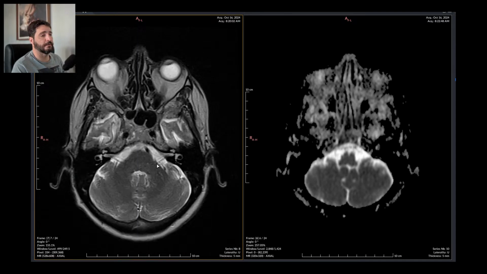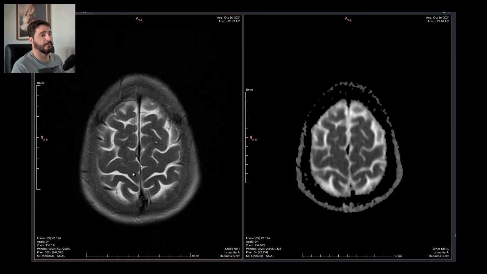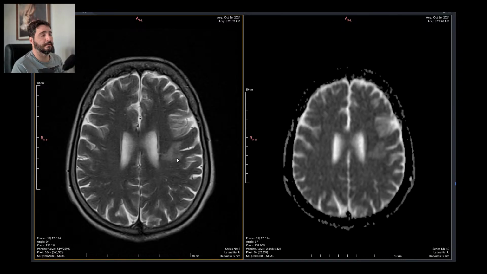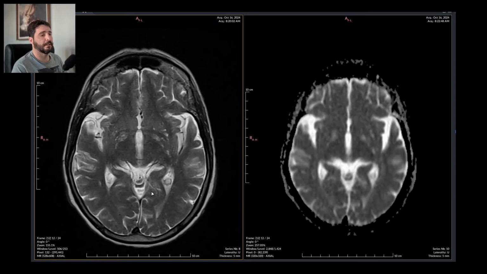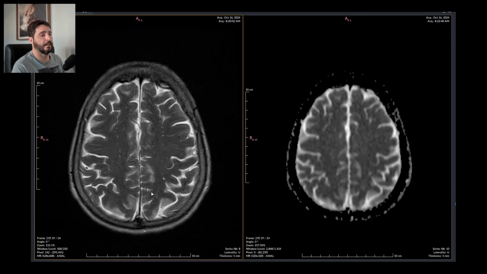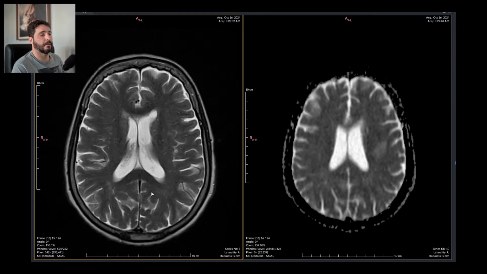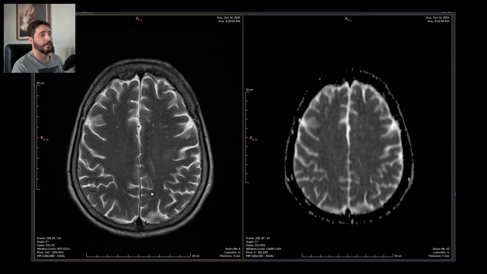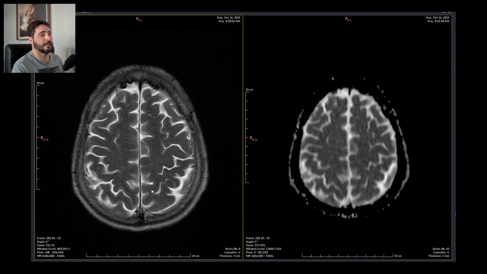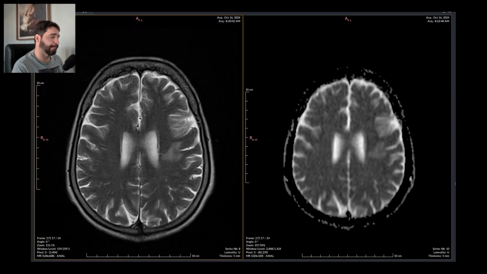There is mild reduction in brain volume. There is a particularly big site of gliosis right there on the frontal parietal region. This is mostly middle frontal gyrus and prefrontal gyrus right there.